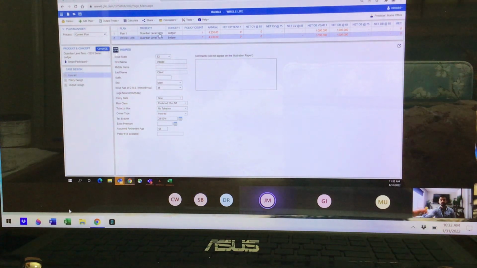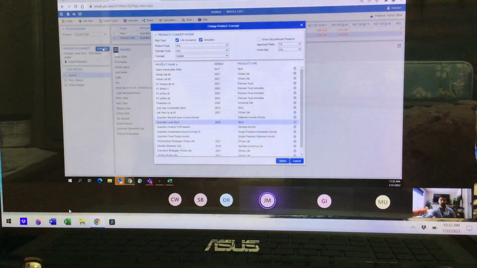You'll see up here we have this ribbon across the top where we can look at what our cash value is, what our death benefit is at certain years and at certain ages. Nice, easy way to just compare two contracts and see how they look, but we'll want to change this. So if we click change, we actually change the contract, and we're going to go to the 99.